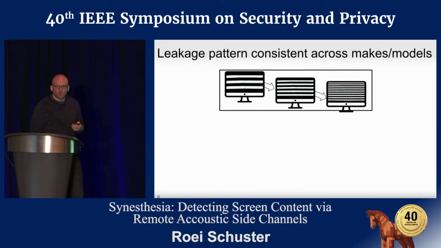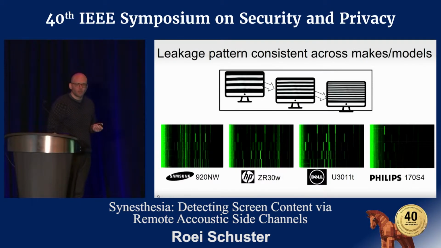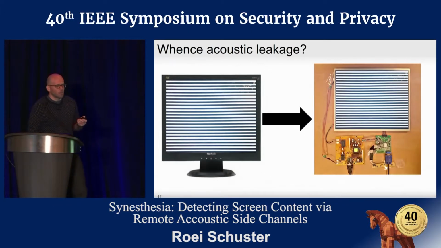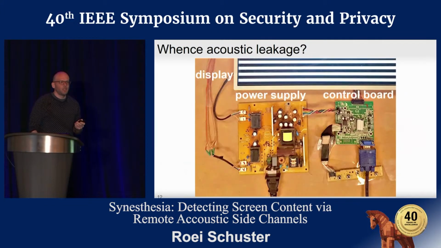We tested it with a bunch of screens, and they all presented the same leak. This is just a few examples of how it looks with different screens, but we tested it with a lot of screens, at least 24 and more. We tried to figure out where this is coming from, and we localized the leak to the screen's power supply.